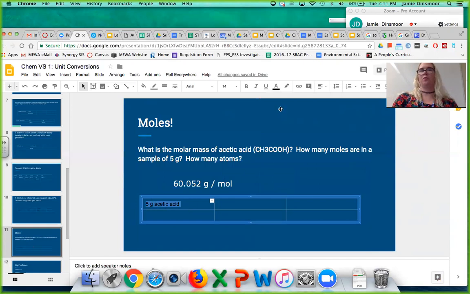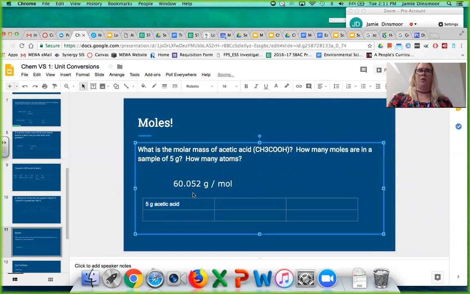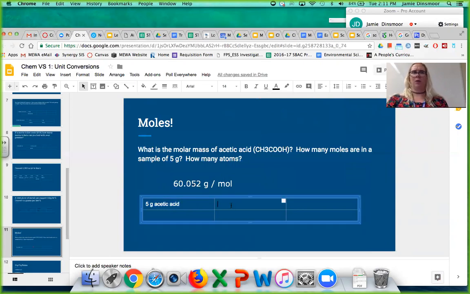That's what we know from the question, right? They want to know how many moles are in that. All we do is use the conversion that we just figured out, putting grams on the bottom, 60.052 grams per 1 mole.